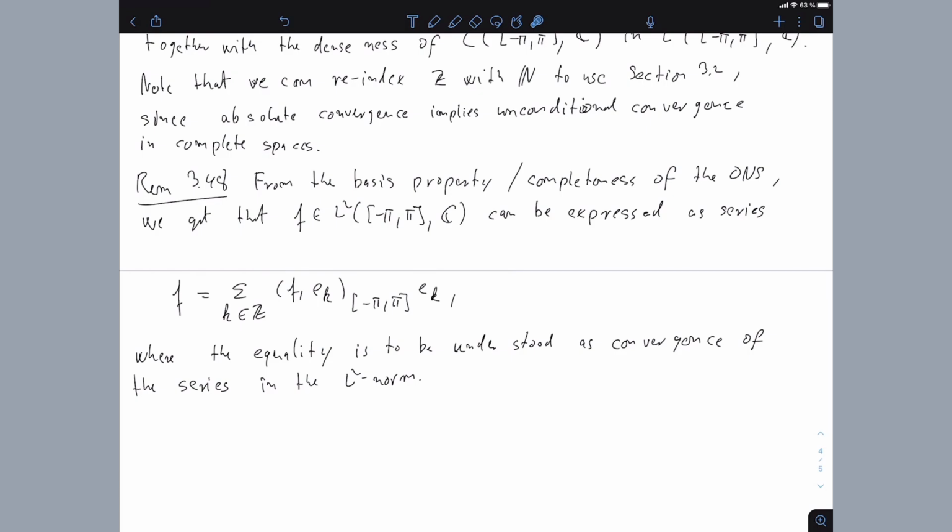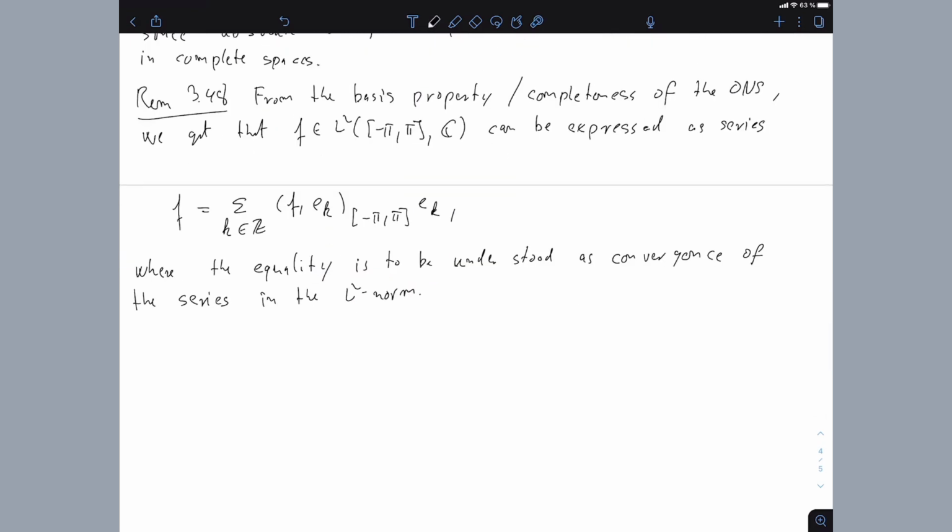So this does not mean that the pointwise evaluation of this here converges as a series. So let's explicitly write this.